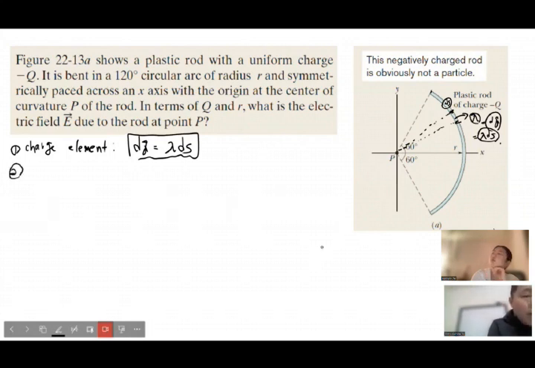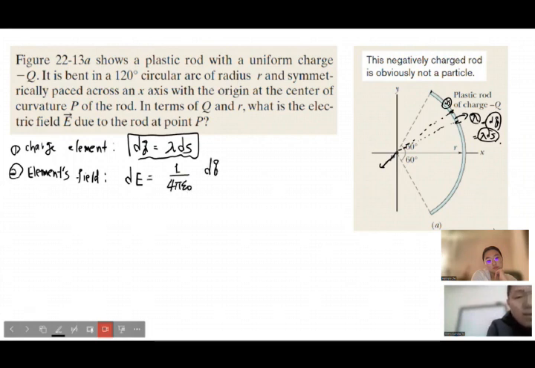Now we want to set up the equation for the element field from this line element. That is dE, the field from this line element, which is 1 over 4 pi epsilon naught times dq over r squared.